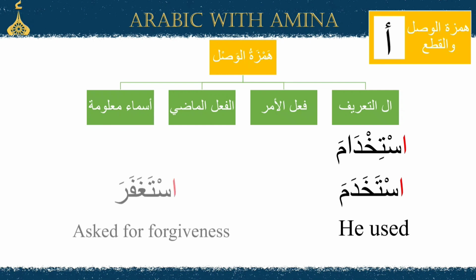Another example would be the verb استغفر, asked for forgiveness, which comes from the root استغفار, to seek forgiveness. The majority of verbs are not derived from 5 or 6 letter roots, so this rule would only apply to a certain amount of verbs.